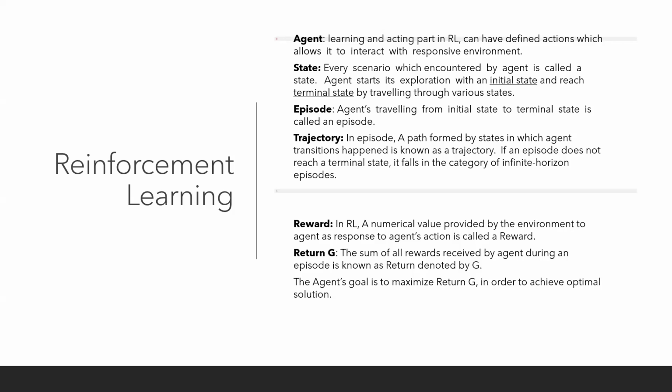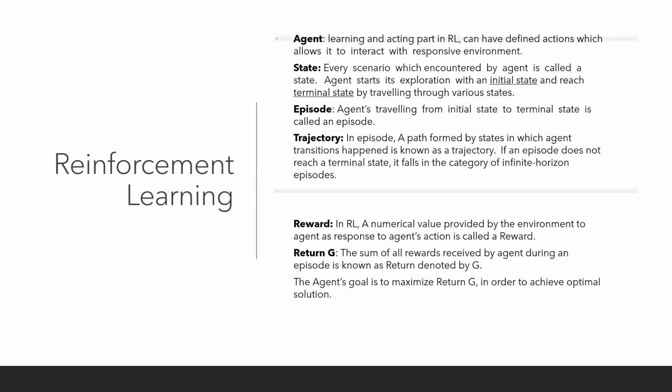I separated two terms specifically because that's what I'm interested in researching. The first one is reward. Reward is a numerical value provided by the environment to the agent as a response to the agent's action.